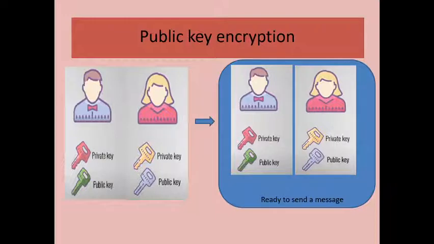When they start to send a message, usually they have to interchange their public keys. First, Bob sends his public key to Alice. Then Alice sends her public key to Bob. This is the initial stage.